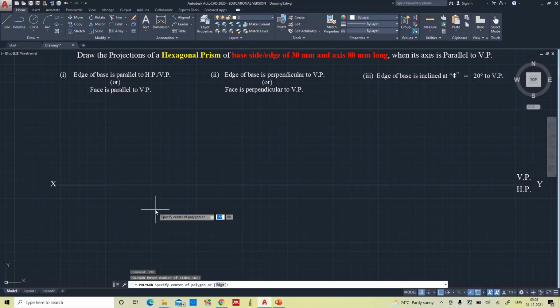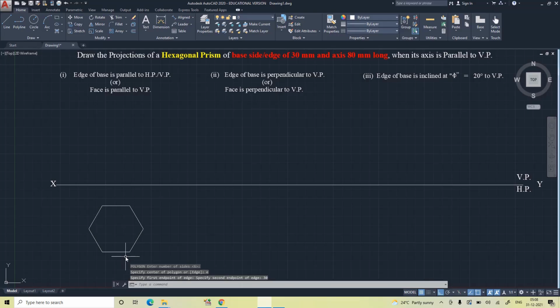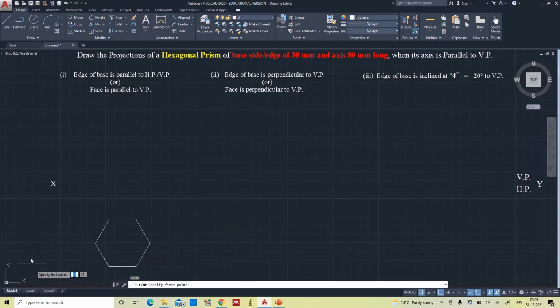Polygon, 6 sides, edge method, 30. Drawing the projectors for the sake of the front view.